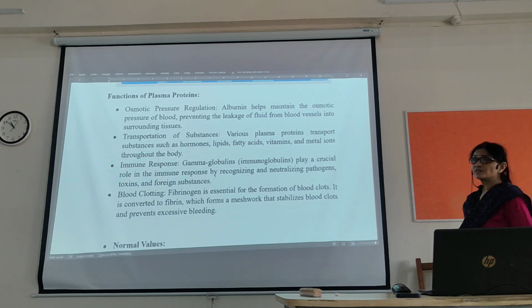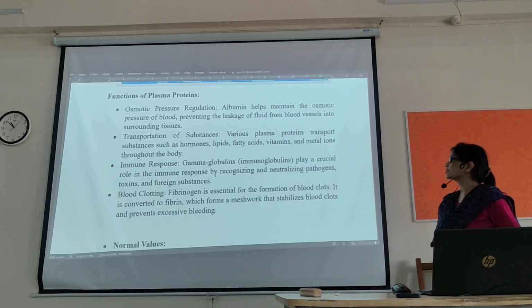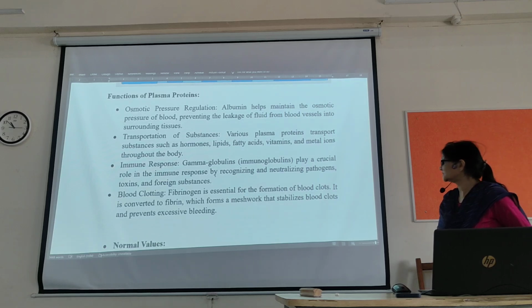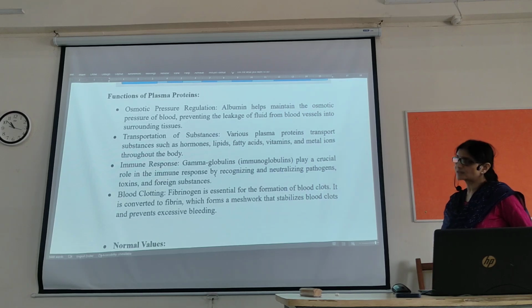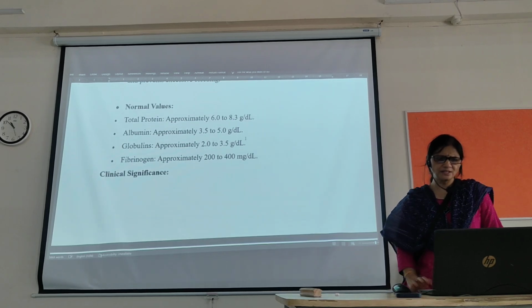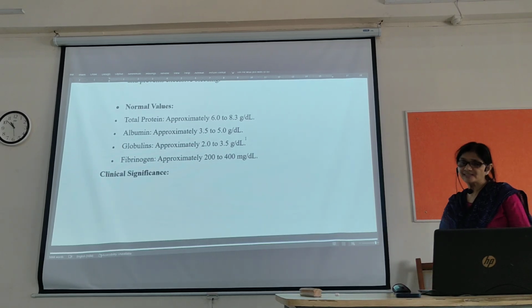So fibrinogen is one of the clotting factors and essential for the formation of blood clots. So it is converted to fibrin, which forms a meshwork or network that stabilizes the blood clots and prevents excessive bleeding. Okay.